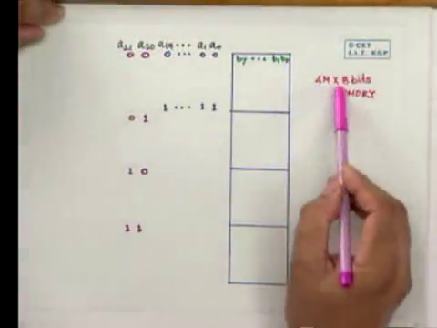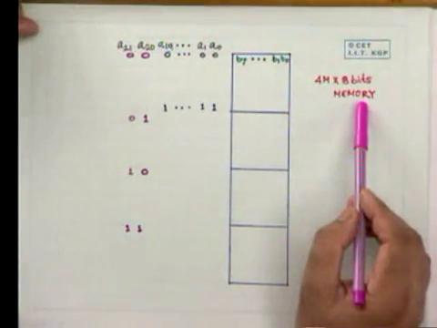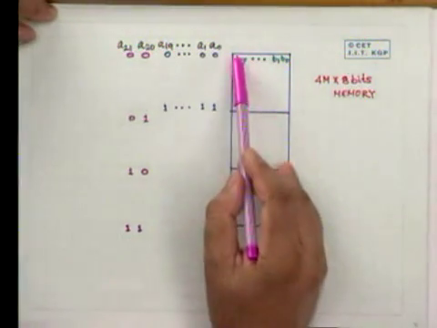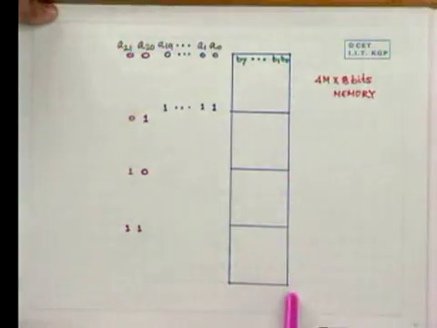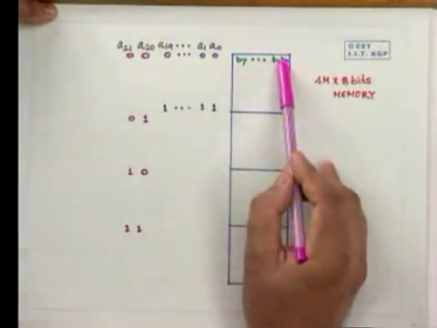Say 4 mega into 8 bits, which means 4 megabytes of memory I want to create. This is the address space, or the memory space, that we are thinking of.